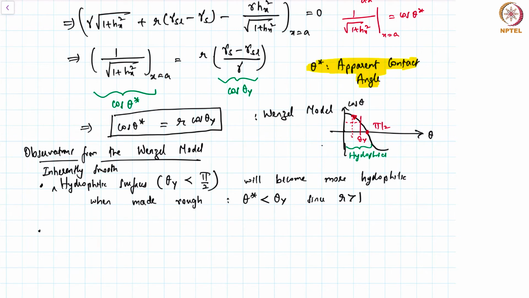Okay. I'm not going to go into philosophical issues. I'm using the words carefully here. Philosophical issues, whether this is really the angle that we see on the rough surface, exactly very microscopically when we zoom in. This is the angle that we normally see in an experiment. Okay. So for the same reason we can also extend it to the other case.